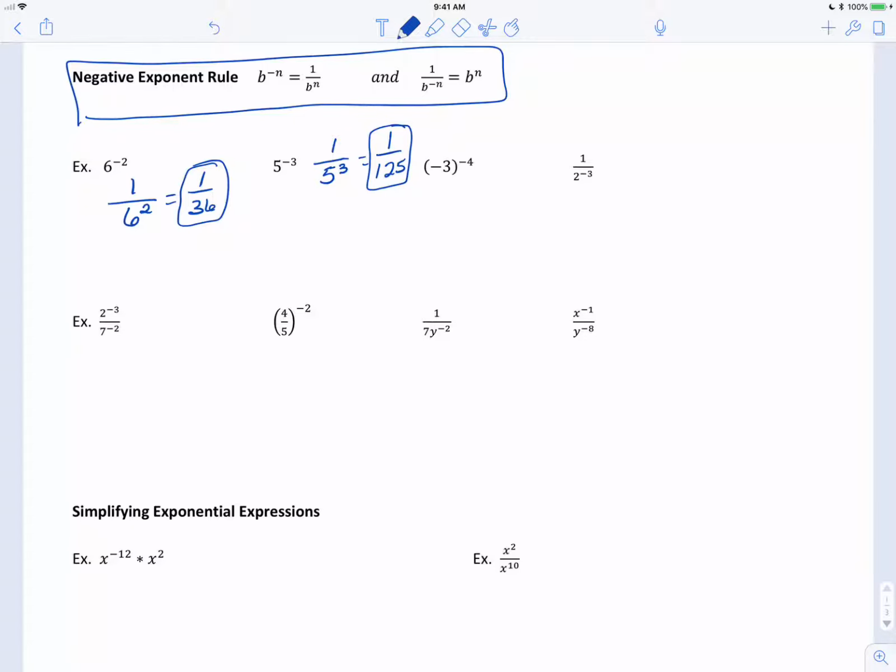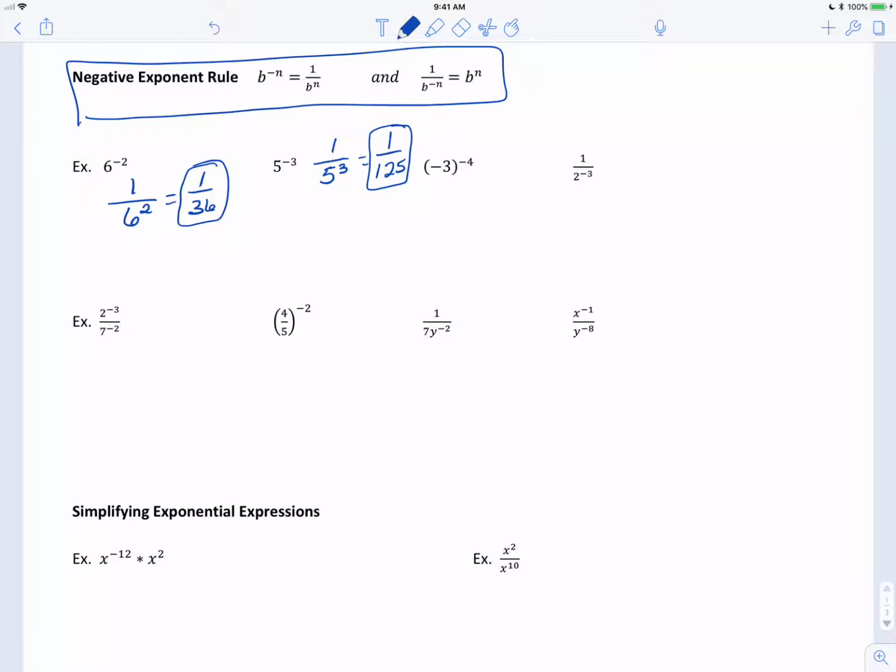Okay. So negative 3 raised to the negative 4th power. So remember, negative numbers are okay. It's just that negative exponents are the ones that are being moved.